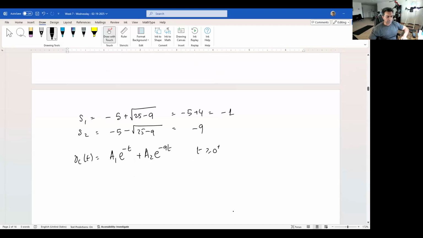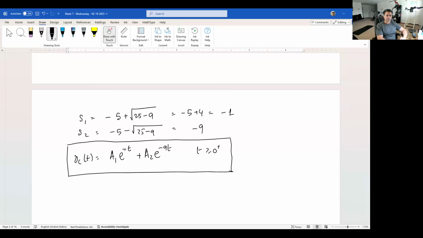We're going to do that when we solve circuits. But just to show you that for an overdamped circuit, this is how the shape of the equation is going to be. You will have two exponentials, which are going to be going down because these are negative values. So these are decaying exponential functions.